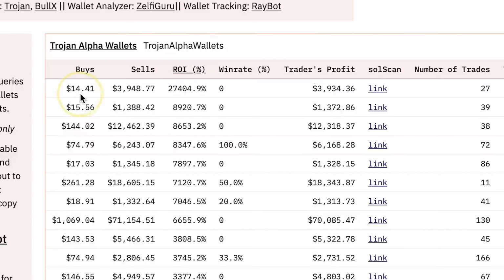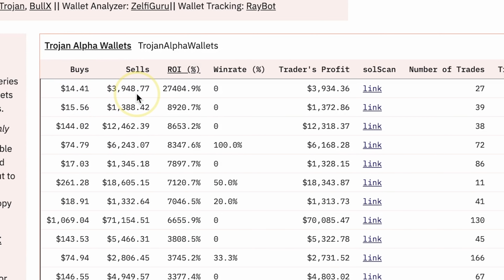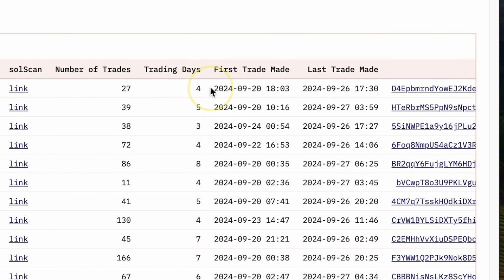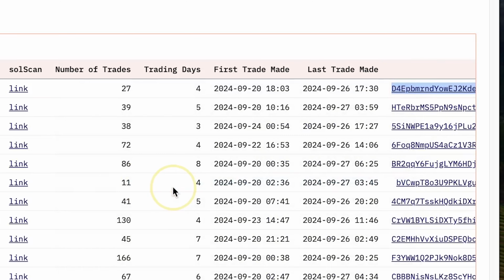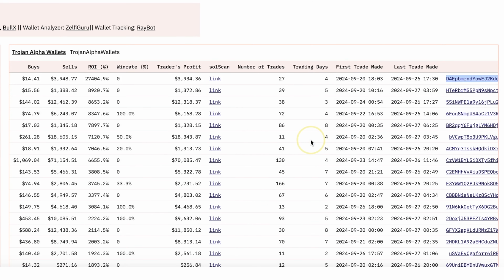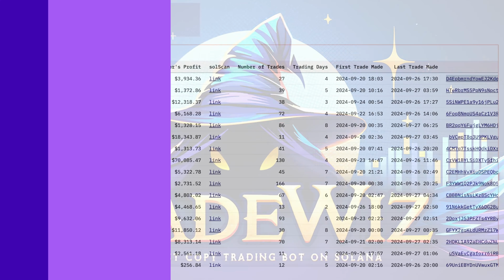Like this wallet turned $14 to $3,948. In the past 4 days, it has had 27 trades, which is reasonable, and the last trade was yesterday, which is the 26th. So what I could do is come here and copy this wallet address and conduct further analysis on it.